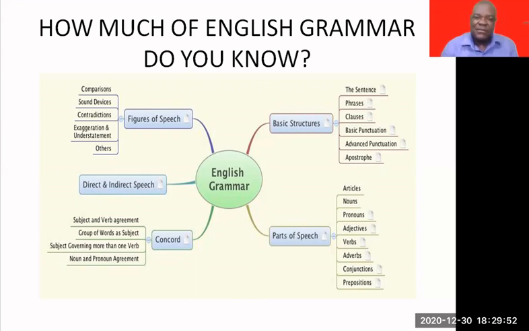Then another aspect of English grammar is concord, subject and verb agreement, group of words as subject, subject governing more than one verb, noun and pronoun agreement. Concord, because the majority of grammatical errors arise from violating the rules of concord.